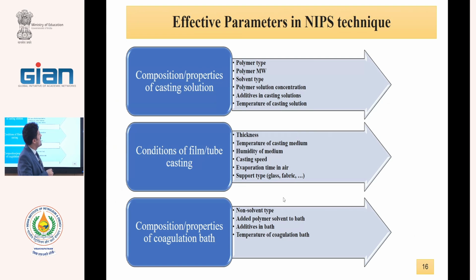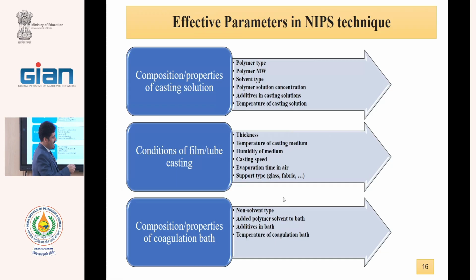We have 3 steps in the fabrication of the membranes with the NIPS method. We must prepare a casting solution, set the condition of film casting, or tube casting, or hollow fiber casting, and the composition of the coagulation bath. We prepare casting solution, cast, and immerse in the non-solvent bath. We have 3 steps, and all of these 3 steps are important.